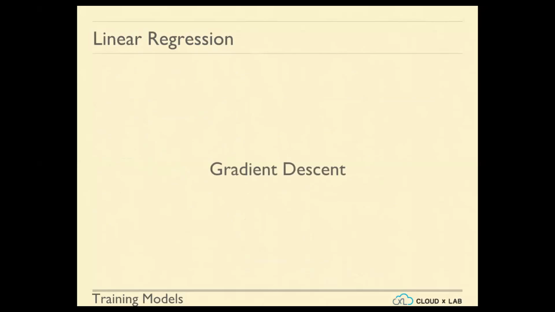Now, gradient descent. If we are given some data and we want to find out how the output is related to it, and we think that the data is linearly related, then we need to find out the relationship.